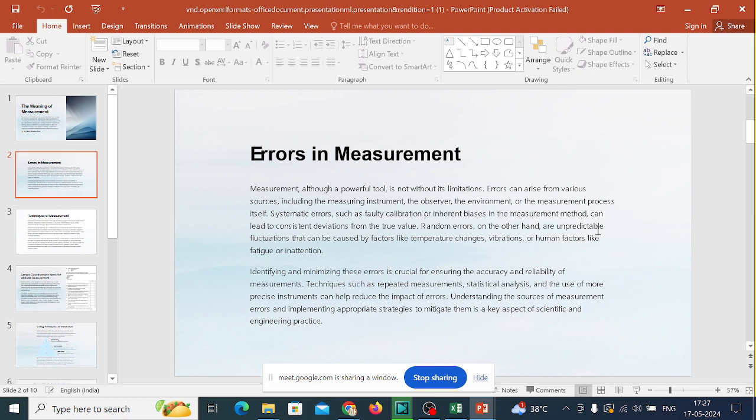Number two, the environment or the measurement process itself. Let me give an example of this. Suppose you want to purchase some gold ornaments. You need to go to a jewelry shop.